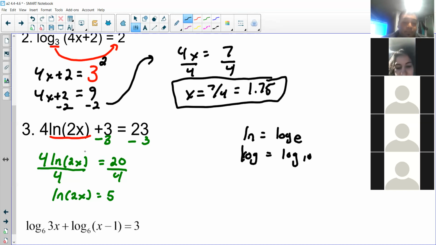Just to make sure that's different. So this is log e. When I move the ln to the other side, what occurs is I'm going to get 2x, which is left over after I cross out the ln, equals base e to the 5th power.